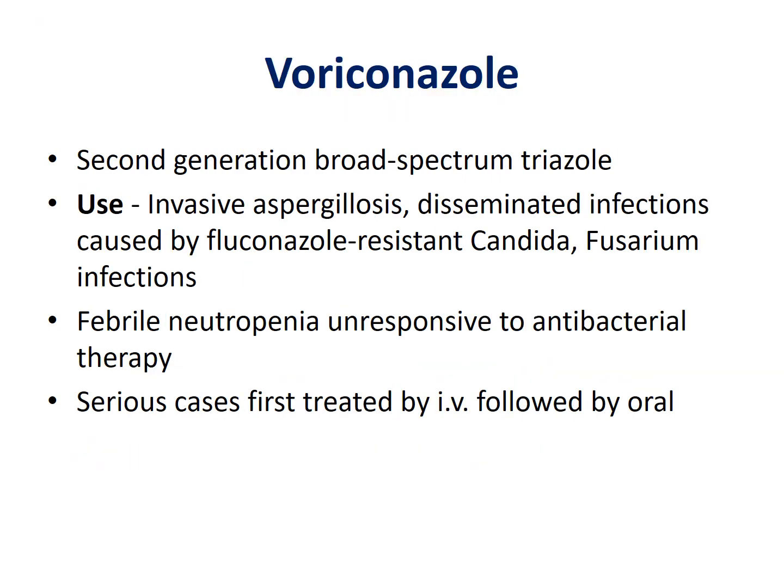Voriconazole is another second generation broad spectrum triazole, used in invasive aspergillosis, disseminated infection by fluconazole resistant candida, and fusarium infections. Also febrile neutropenia not responsive to antibacterial therapy. Serious cases are first treated by IV, followed by oral preparations.